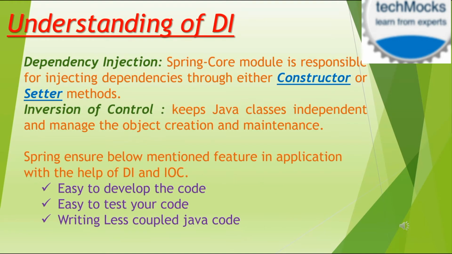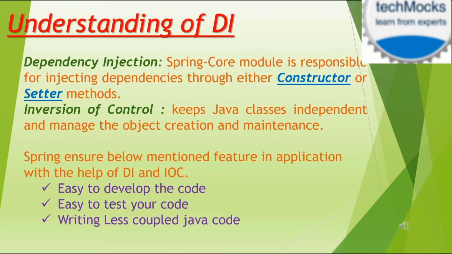Now we need to understand the job of dependency injection and inversion of control. The dependency injection feature is provided by the Spring core module, which is very important. Dependency injection is responsible for injecting the dependencies with the help of constructor or setter methods.